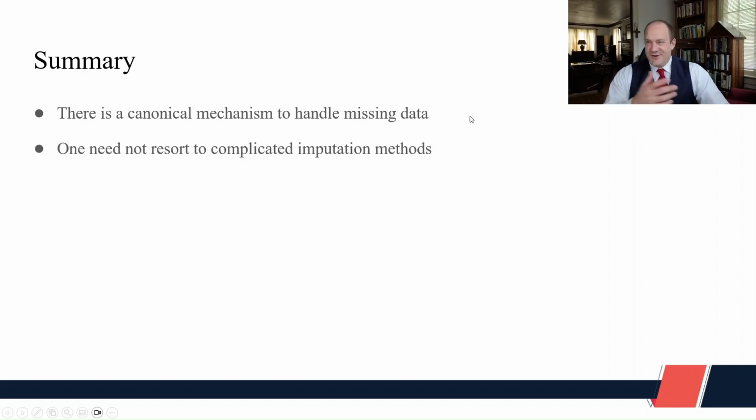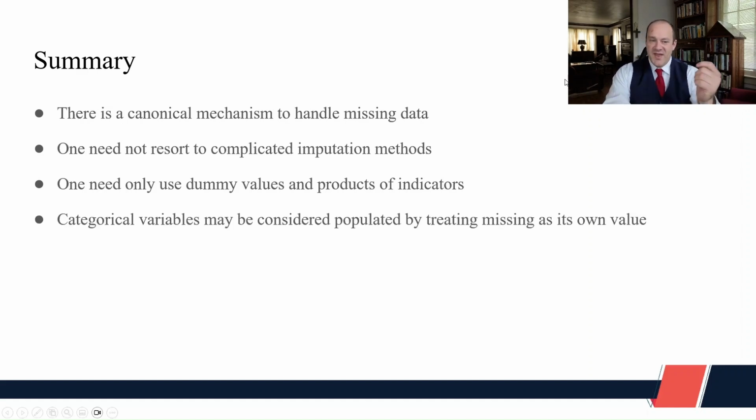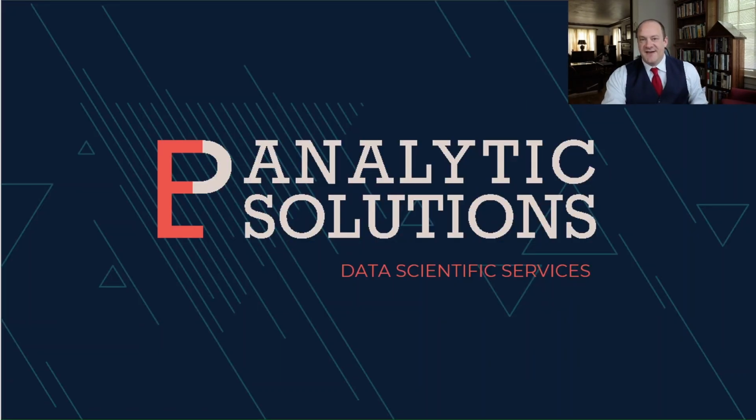You do not have to resort to complicated imputation methods. All you need are dummy values and products of missing indicators, and you're in business. And moreover, categorical variables may be considered populated simply by treating missing values as a legitimate value.